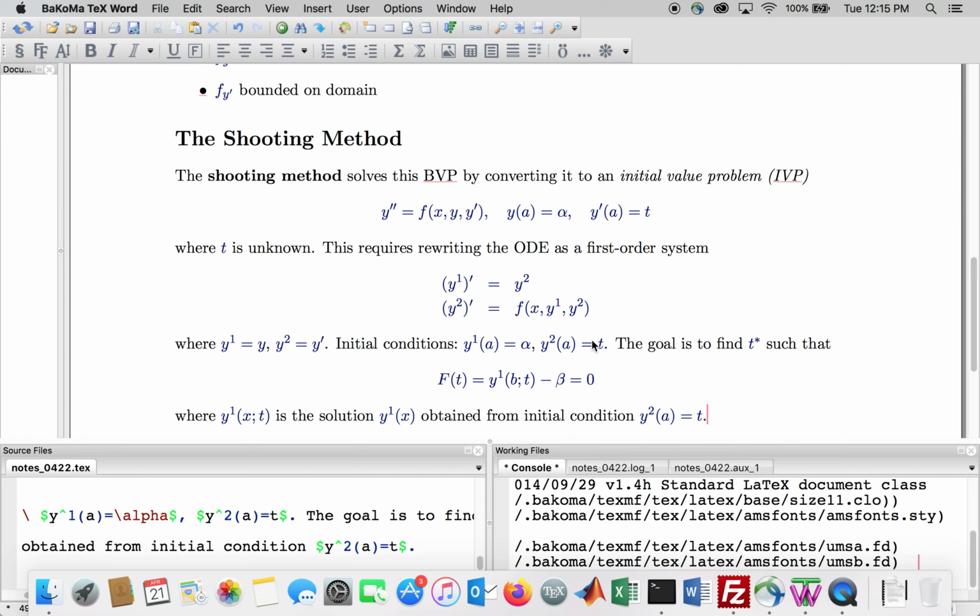So what I mean is, once we choose an initial value for y2, we solve the problem, and we evaluate y1 at x equals b. We want this to be equal to beta to match the boundary condition.